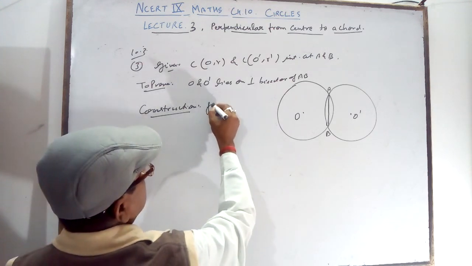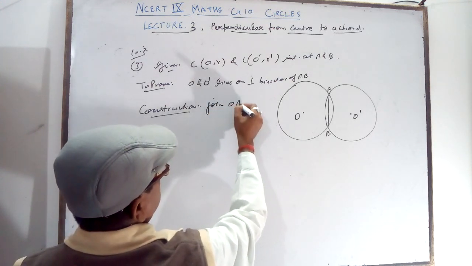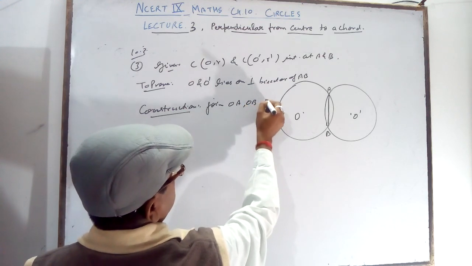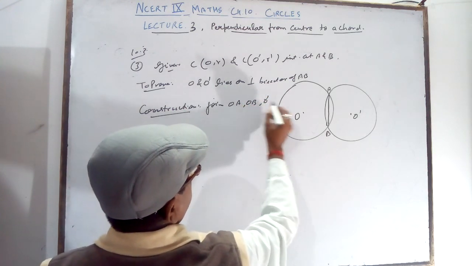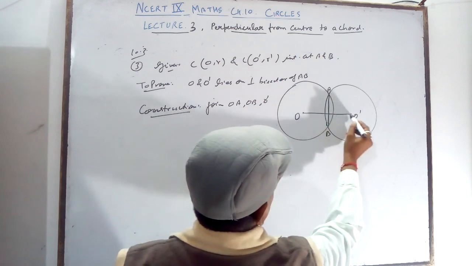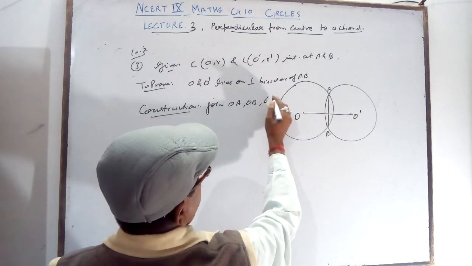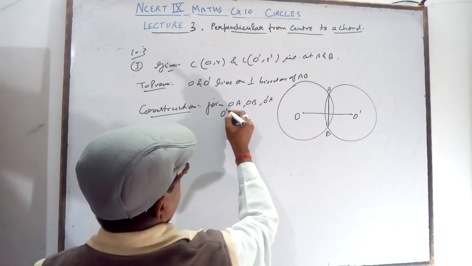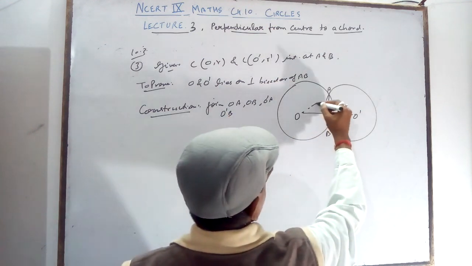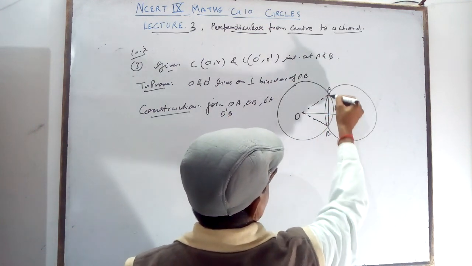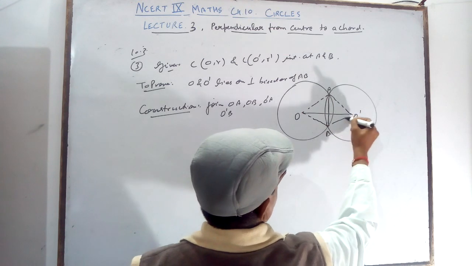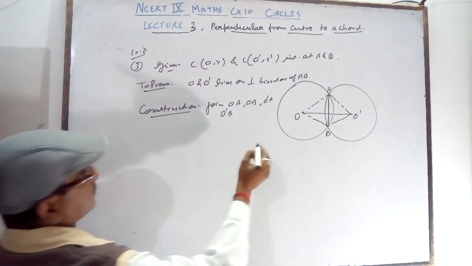Construction: join OA, OB, O dash A, O dash B. Proof.